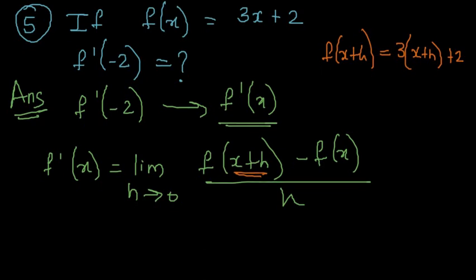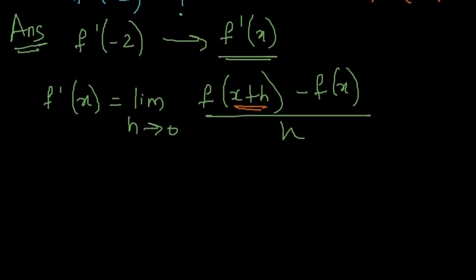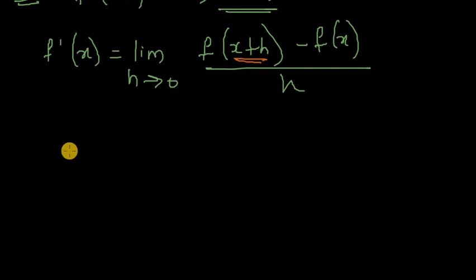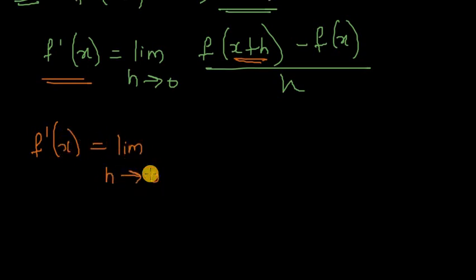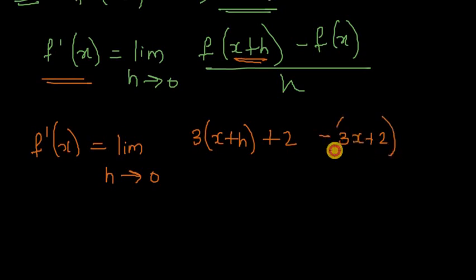So let's solve this further. Remember, I need f dash of minus 2. For that, the basic need is f dash of x. So f dash of x is limit h tending to 0, what is f of x plus h? 3 into x plus h plus 2. What is f of x? 3x plus 2. To avoid confusion, please put the brackets. Do not forget that. Upon h.